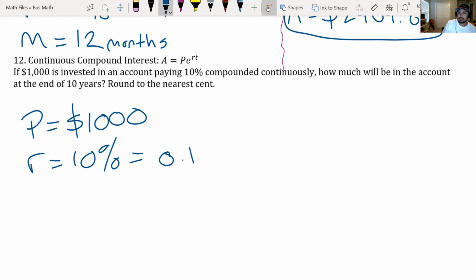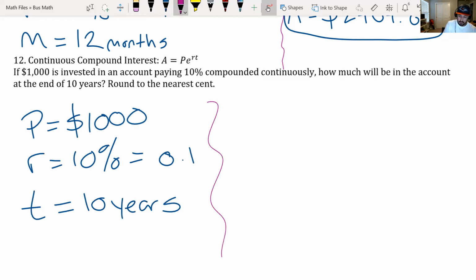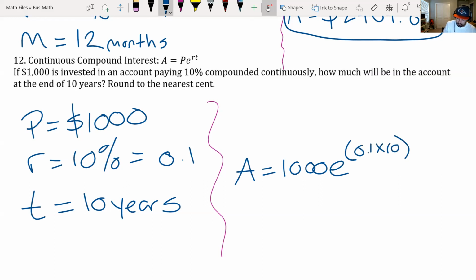We are compounding continuously. So how much will be the account after 10 years? Time is again 10 years. Plug all this into your PERT formula, and we'll have A equals 1,000 times E raised to the 0.1 times 10.